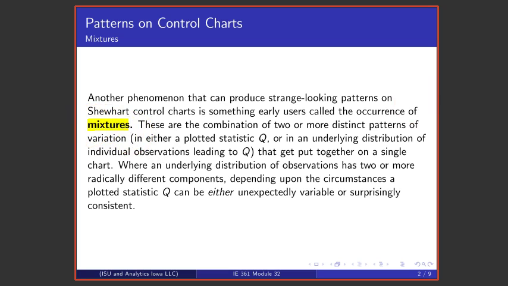Mixtures are roughly the combination of two or more distinct patterns of variation, either in a plotted statistic or in an underlying distribution of individuals that goes into a plotted statistic, that get put together in a single chart and make somewhat odd looking patterns that look other than as they should, where there's a completely random mechanism behind individuals that are being put into a plotted statistic.